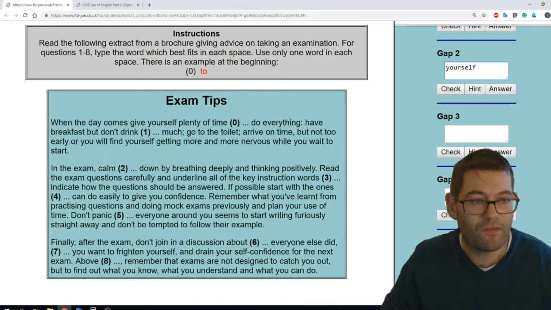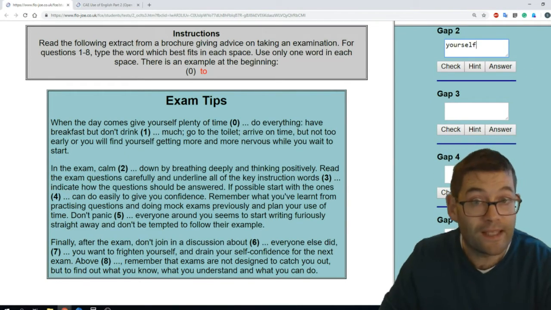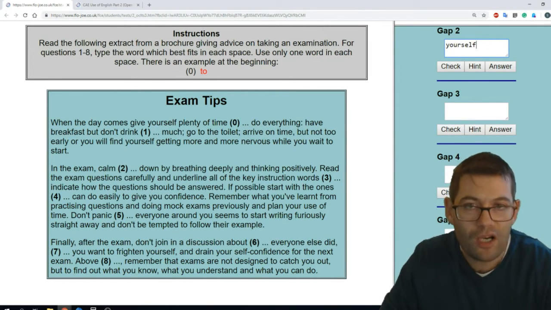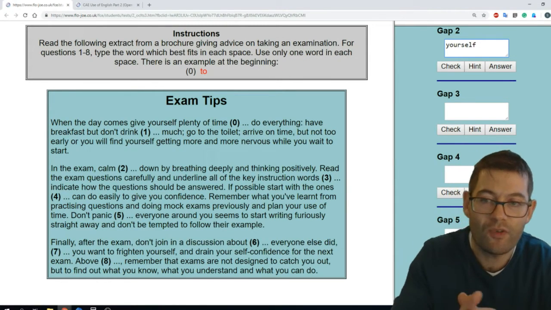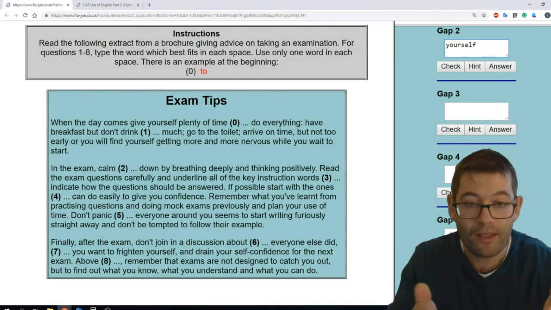So we have to use the reflexive pronoun here. We could, of course, say this in a different way. We could say you must calm down, or you should calm down, or we can use a structure like that. But of course, given the language that we've got, we have to think of the correct word, and in this case, it's the reflexive pronoun. So calm yourself down by breathing deeply and thinking positively.